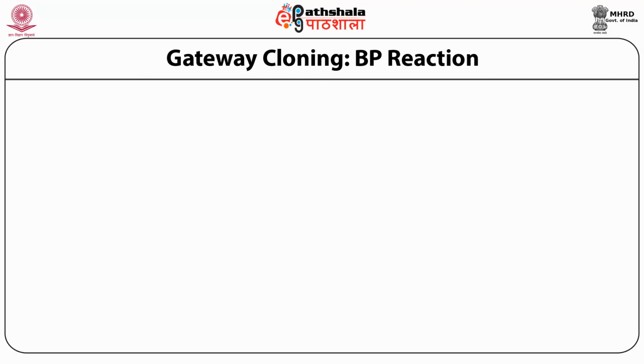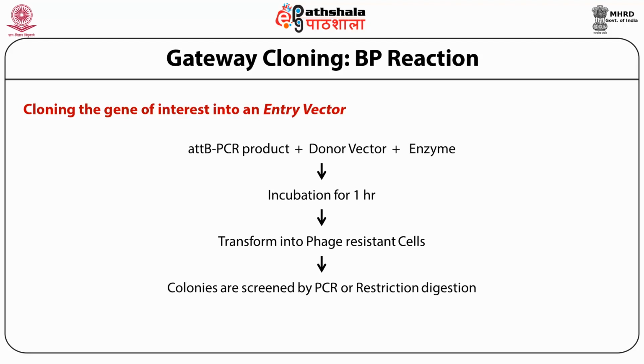The very first reaction of Gateway cloning is called the BP reaction, which in general means cloning of a gene of interest into an entry vector. This is the first step in Gateway cloning, where we amplify our gene of interest, which contains attB DNA sequences. Also, we have our donor vector and also the enzyme that allows the recombination process.